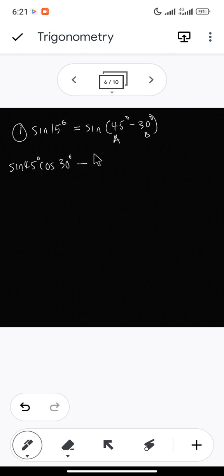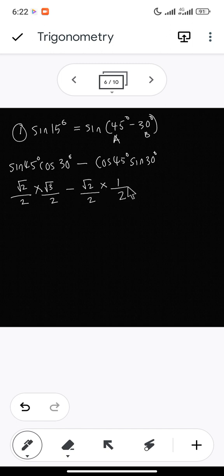Minus cos A sine B, cos 45 degrees sine 30 degrees. This is basically what the formulas for compound angles help us do. So we know that sine 45 from our special angles is root 2 over 2, multiplying cos 30 is root 3 over 2, minus cos 45 is root 2 over 2, sine 30 is 1 over 2.